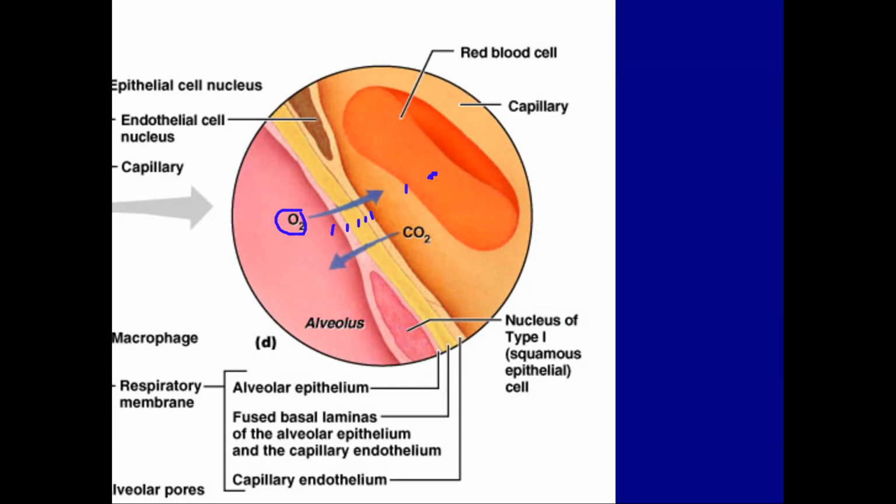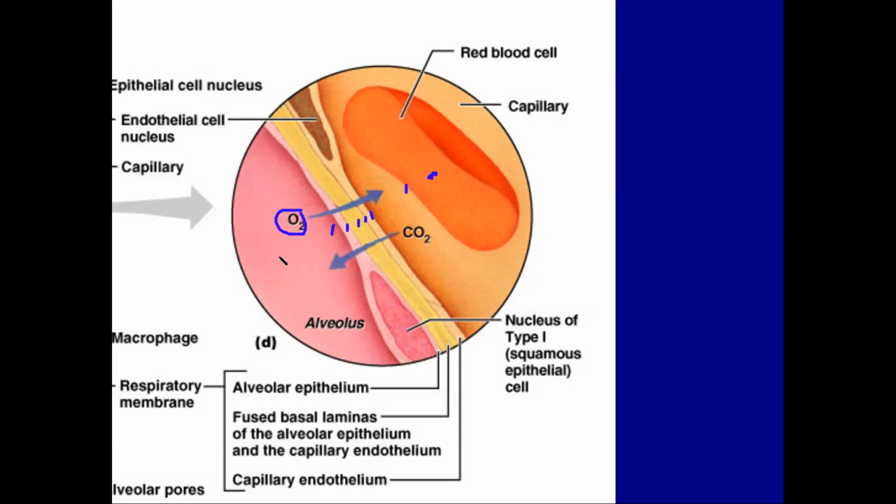And of course, carbon dioxide now. Here's the thing. Sometimes carbon dioxide is carried by red blood cells, in which case it would have to pass through the full 6 membranes on its way out, but sometimes it's dissolved in the blood plasma itself, which means, of course, that it's only 5.